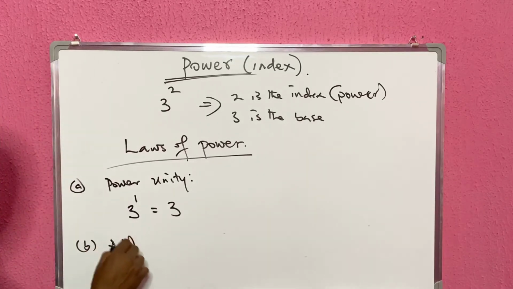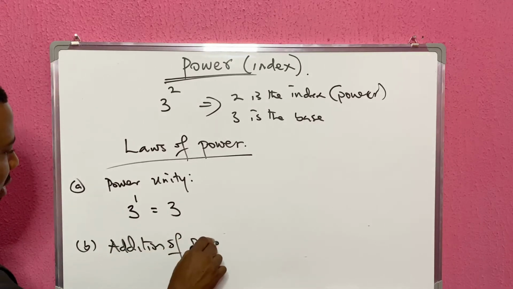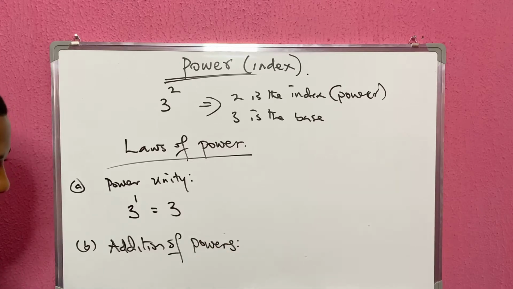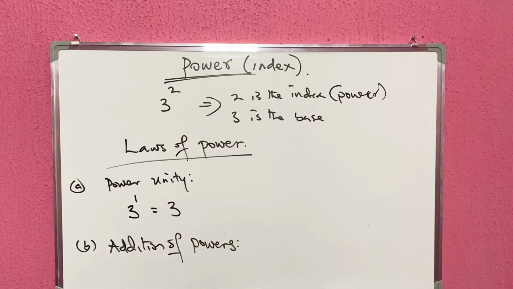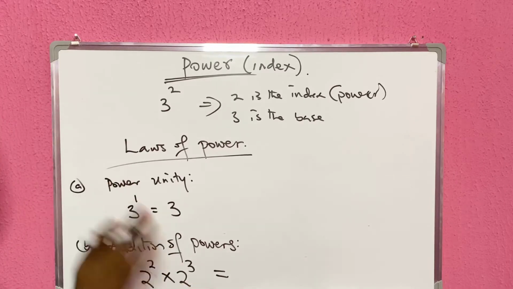B. Let's look at addition of powers. If you have 2 raised to the power 2 multiplied by 2 raised to the power 3, provided that you have the same base, you are going to add the powers.